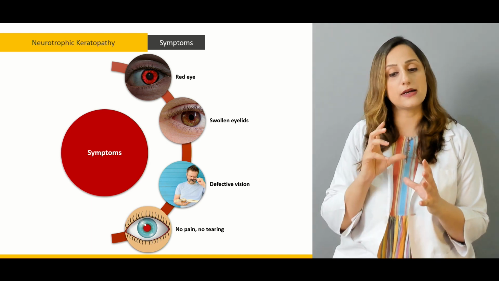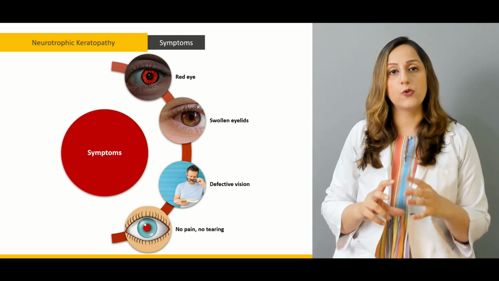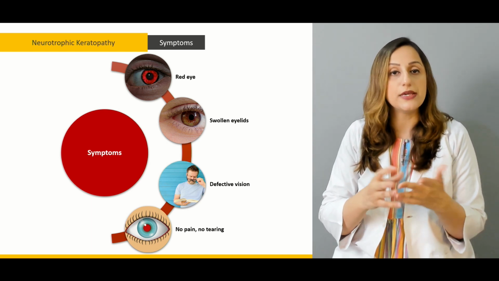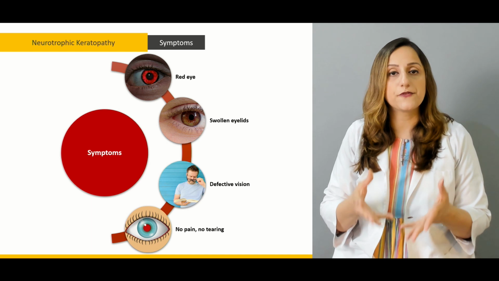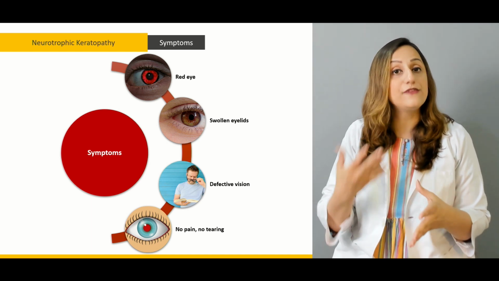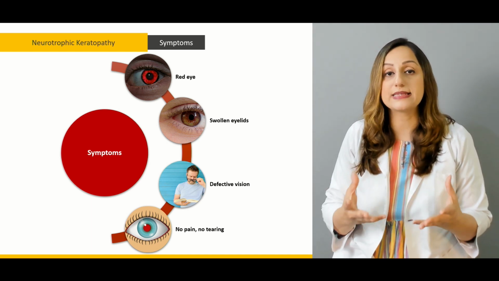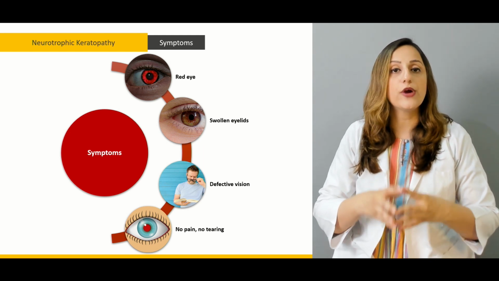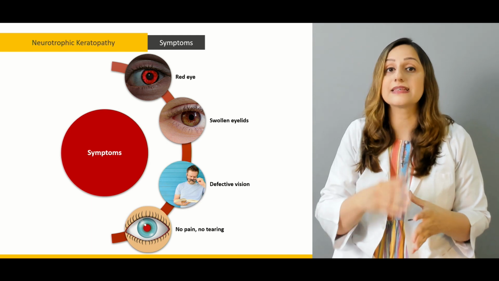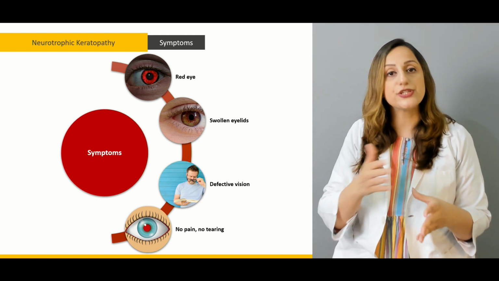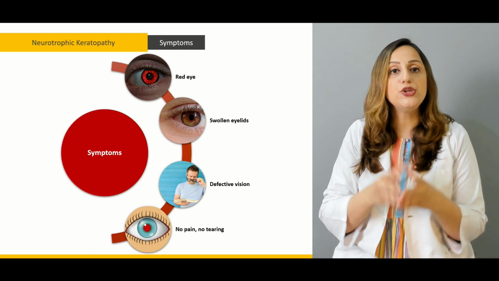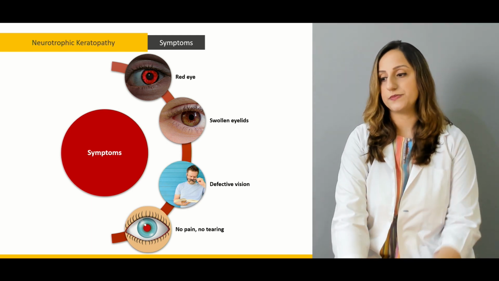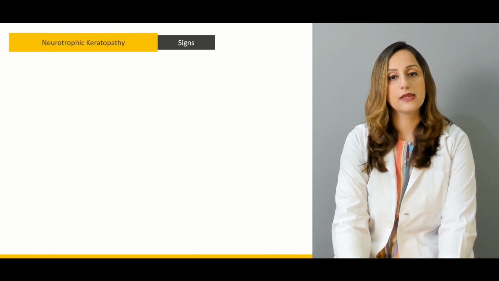So when you exclude pain, and the patient also gives you the history that he's not suffering from any excessive lacrimation, no excessive tearing, that is going to point towards the fact that this keratopathy is due to degenerative causes, or it is the neurotrophic kind of keratopathy that the patient is suffering from.